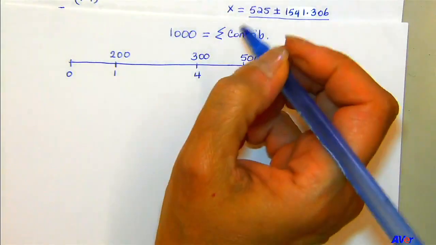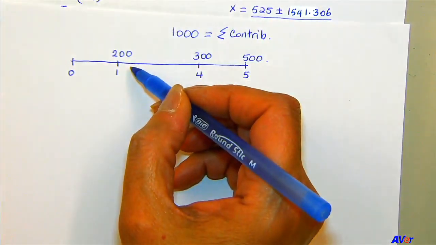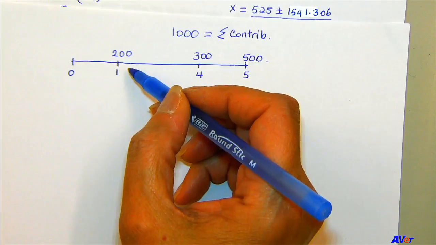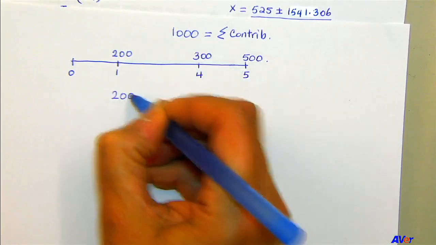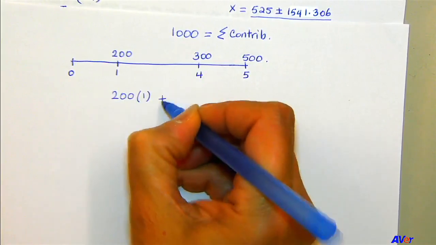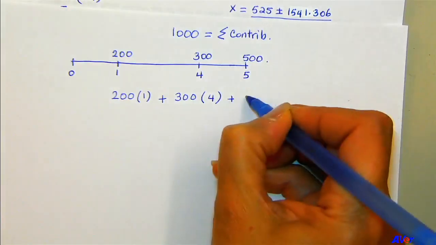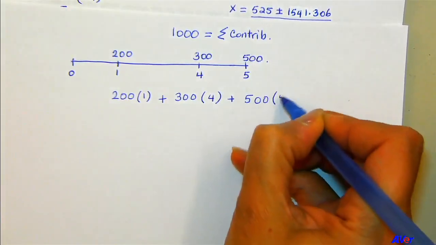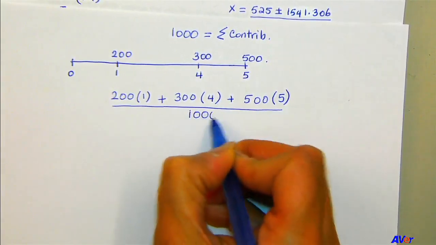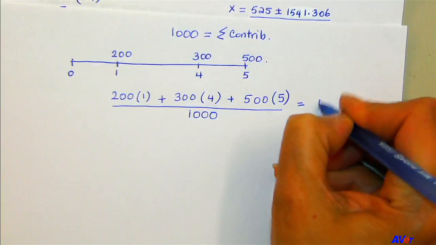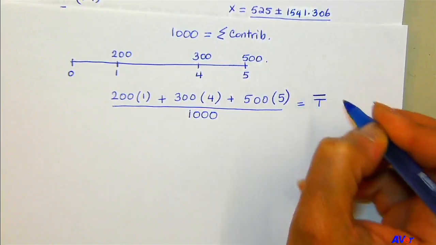So let's see. Can I tell you the punchline? The punchline is going to be this: 200 times 1 plus 300 times 4 plus 500 times 5, divided by 1,000, is going to give you the approximation for T. Let's call it T bar.